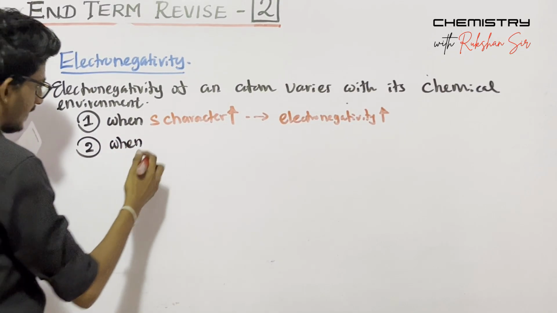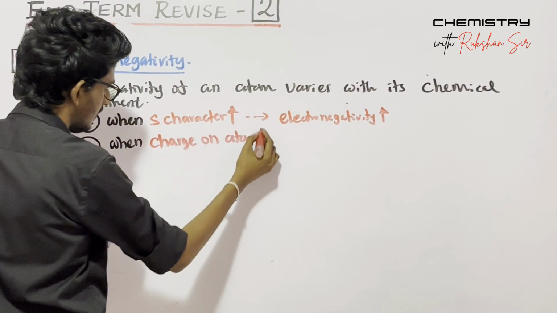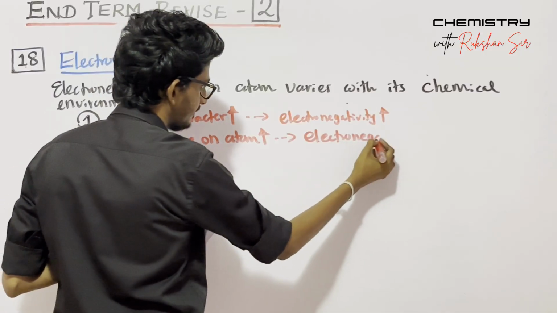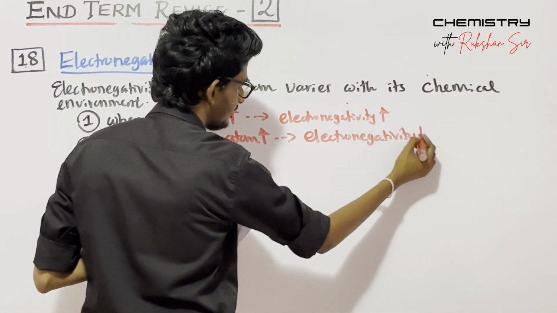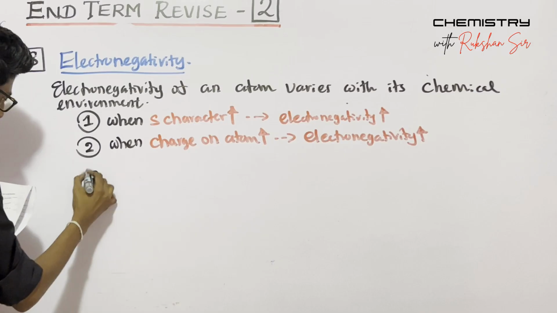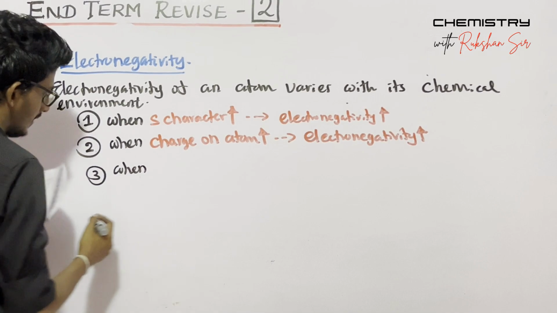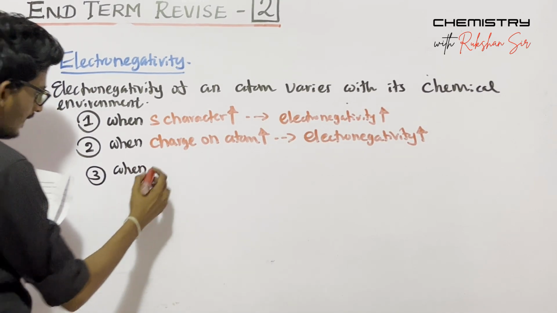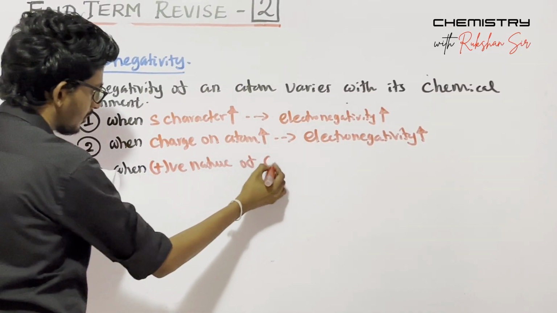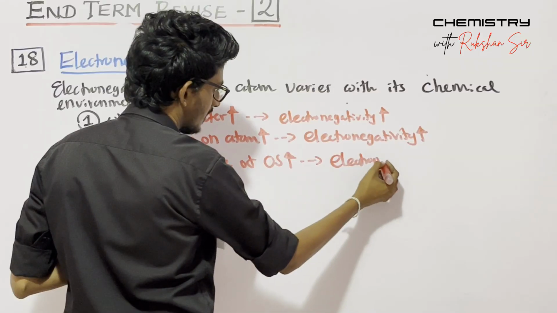When the charge on the atom is high, your electronegativity is high. Third, when these two are equal, you have to consider the oxidation state. When the positive nature of the oxidation state is high, your electronegativity is high.